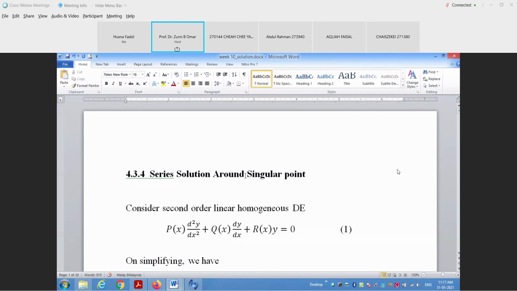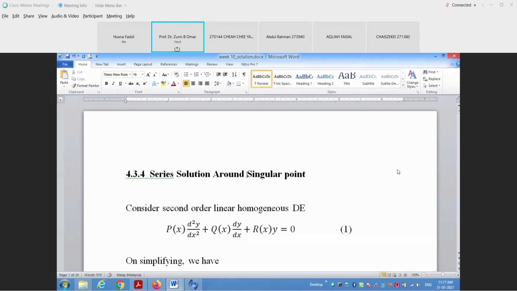The method is called the Frobenius method. The Frobenius method can be used to find series solutions if and only if the singular point is regular.